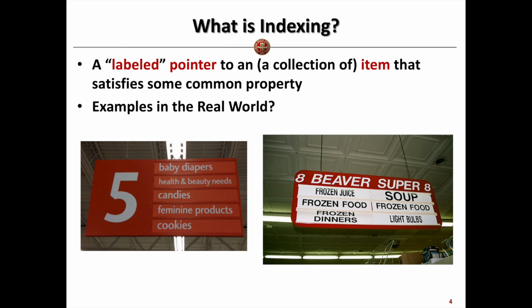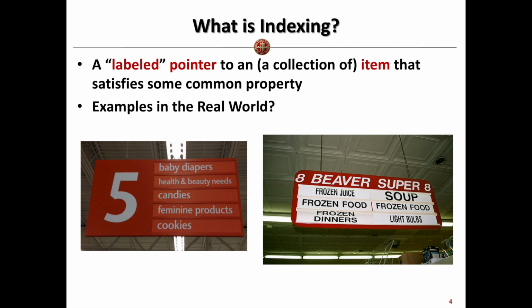Different sections. And above the sectors, we have some boards indicating some of the products we can find in these sectors. So this is also an index. So given the product name or some category of the product, we can find the sector we can go to look for these products. Right? It's also an index table we can find in the real world.